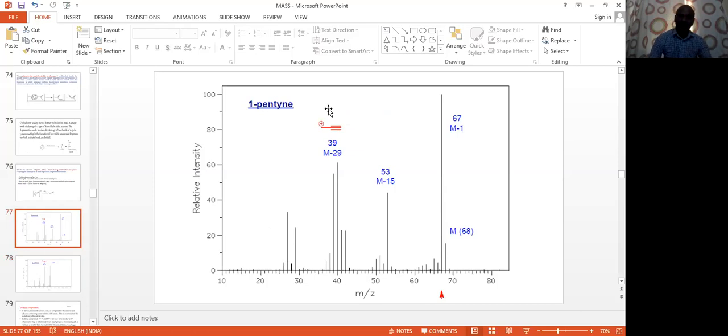In the last slides we have seen how to differentiate whether it is a cycloalkene or a terminal alkene, the prominent peaks and their abundance also. In the same way, when it comes to alkynes also, we should be able to differentiate.